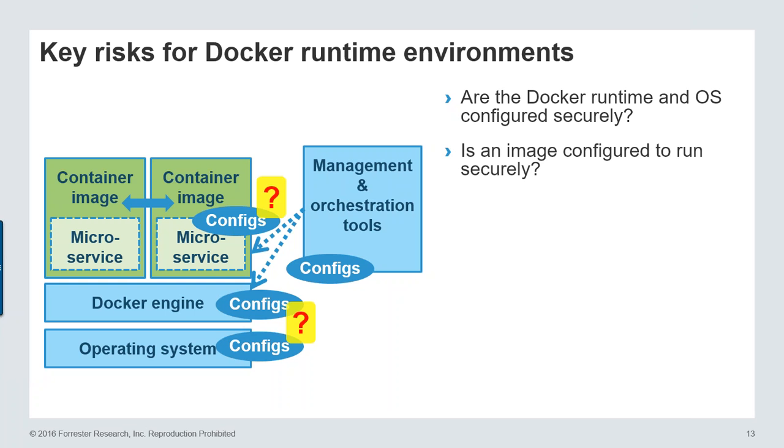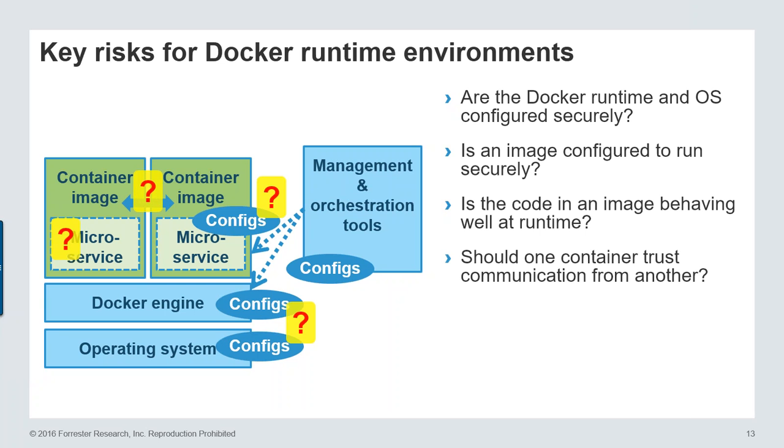Is the image itself configured to run securely? And a key, is the image behaving well at runtime? And so additional monitoring there. Part of the configuration is, should one container trust communication from another?